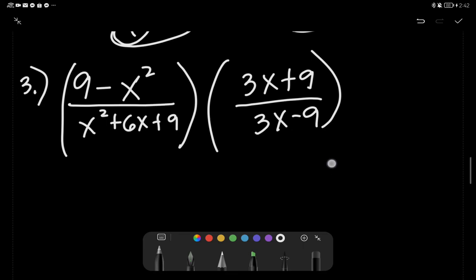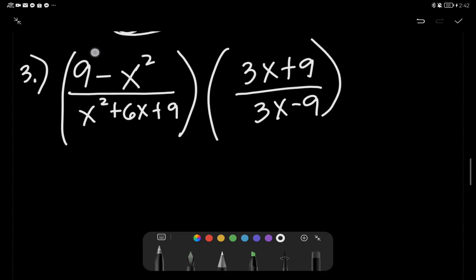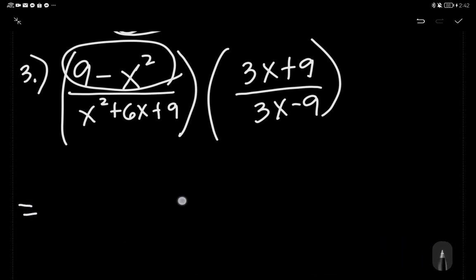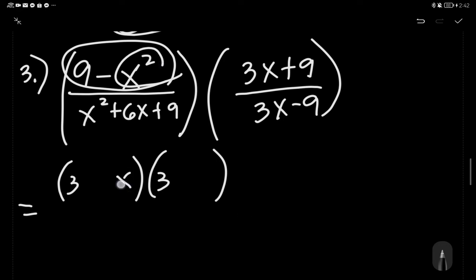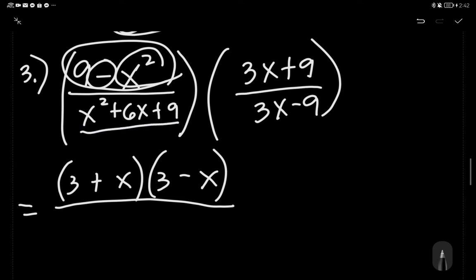Okay, now let's factor first kani. Kana. So, may tabo that becomes, ang factors ni 9 is 3 times 3. Ang factors ni x squared kani is x times x. Now, kay negative ilang tunga, ang factors nila kay positive and negative. Over, okay na si numerator, dali na punta ni denominator.